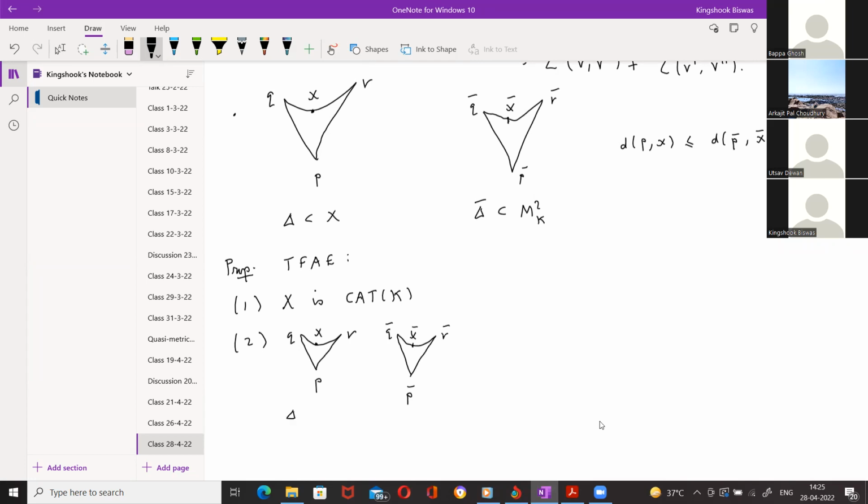This is delta in X. This is delta bar in X in M2 kappa. Then distance Px is less than or equal to distance P bar X bar. Okay.